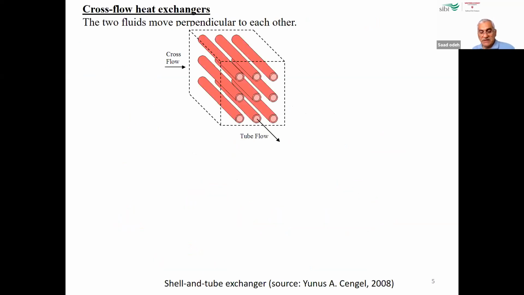The other type of exchanger is the cross flow heat exchanger. In this heat exchanger, the two fluids move perpendicular to each other. There is a flow coming from this side, normal to the pipes, and in the pipes we have a different fluid. For example, water flows inside these tubes, while we have air coming normal to these tubes to cool the water.